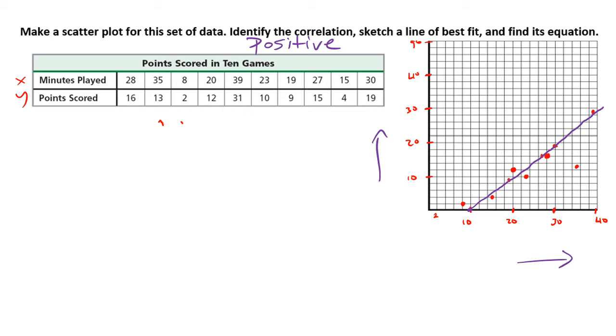We're going to use some of these points to create the equation of the line. Now I will use 2 points on the line. One is going to be this one, and let's say the other one is going to be this nice one here. The 2 points that I will use are x 10, y 0, and the other point is x 30, y 19.